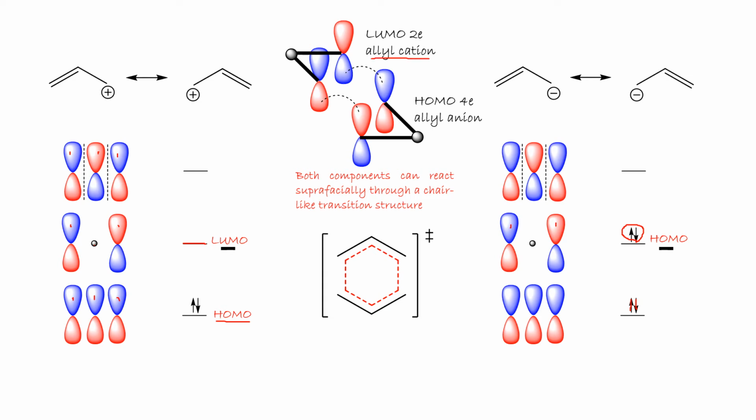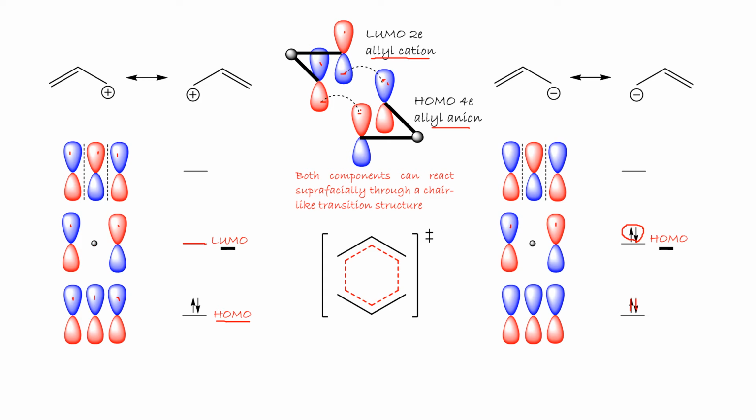Come to the allyl cation. Here we have red, node, blue, and the other one, the allyl anion, will be blue, node, red. As we can see, red with red and blue with blue, so one bond will break and one will be formed.